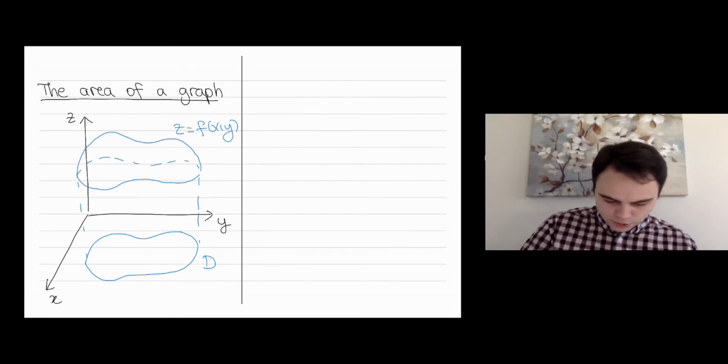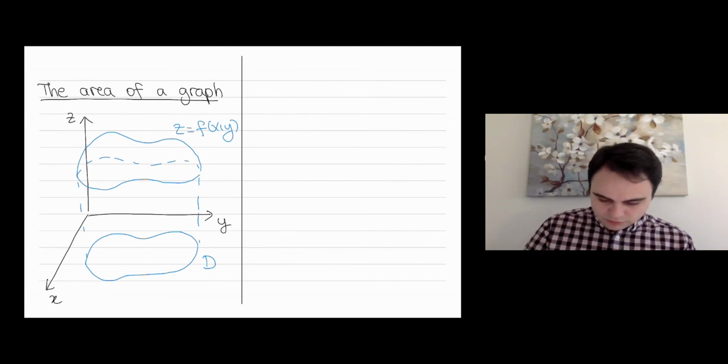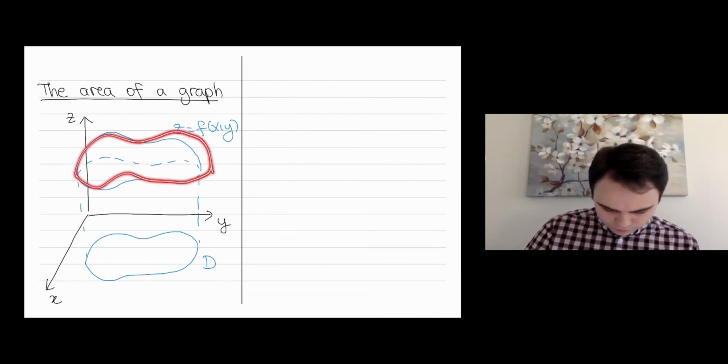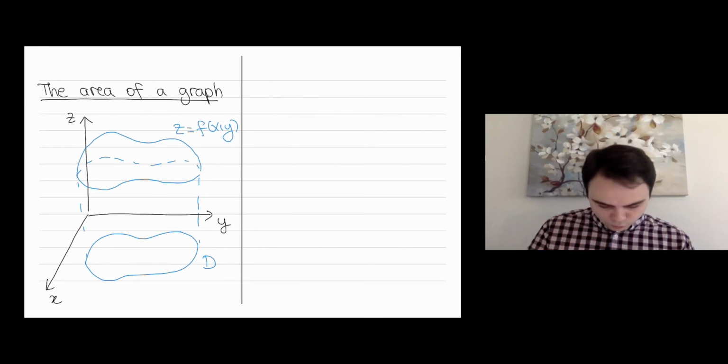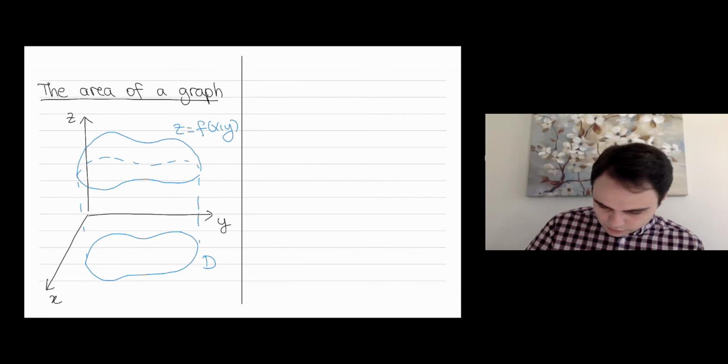So here's how we're going to do this. I'm going to subdivide the area of this curved shape, of this graph, into little pieces, but these pieces will be special. So what I'll really do is subdivide D into little pieces. So let me draw this permanently.